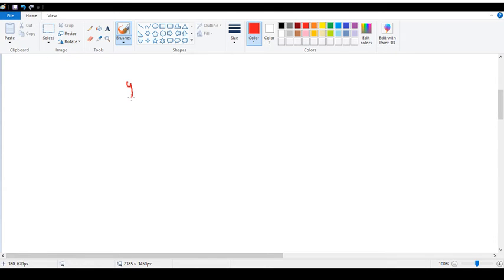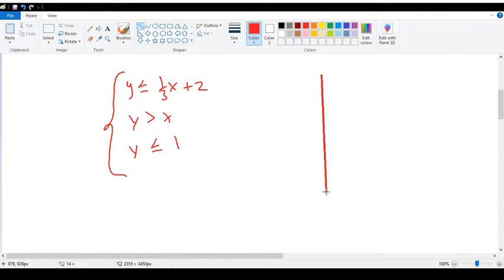So if I have something like this, y is less than 1/3 x plus 2, y is greater than x, y is less than or equal to 1. So I have 3 different inequalities. The nice part about this is that the y's are isolated. So let's go to the graph.